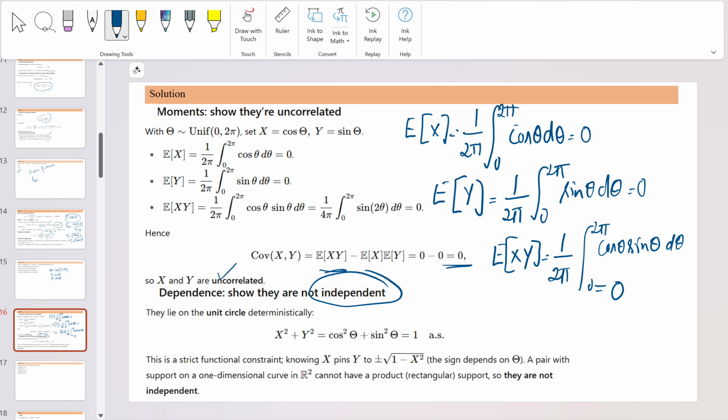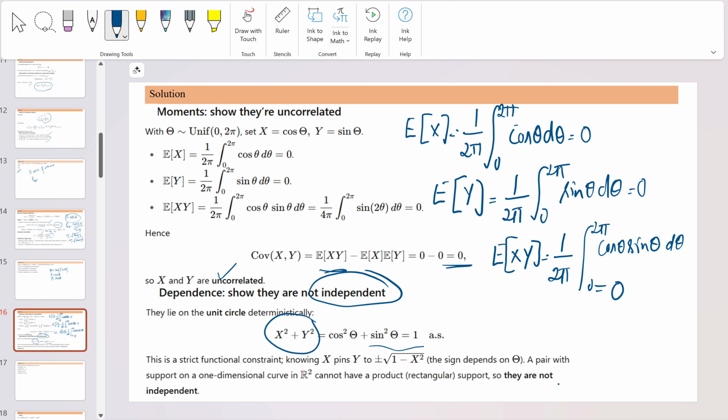But they are not independent. You can see that x square plus y square is equal to 1, which is a constraint. So y is equal to plus or minus root of 1 minus x square, and the sign depends upon x. A pair supported on a one-dimensional curve in R square cannot have a product distribution.